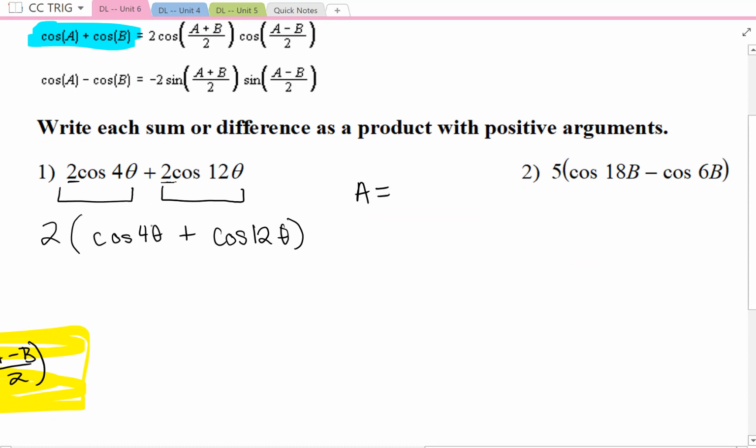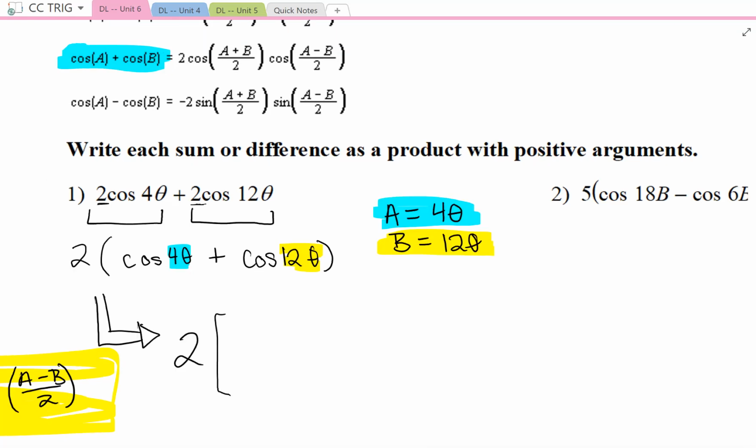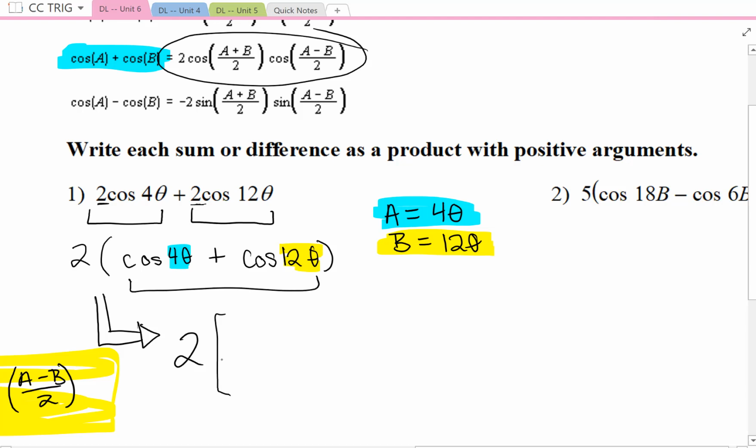Go ahead and decide what your A and B are. I am going to make A the argument of my first cosine, which is 4 theta, and I'm going to make B the argument of my second cosine, which is 12 theta. Now you can substitute the formula. So we will replace this expression with this one.